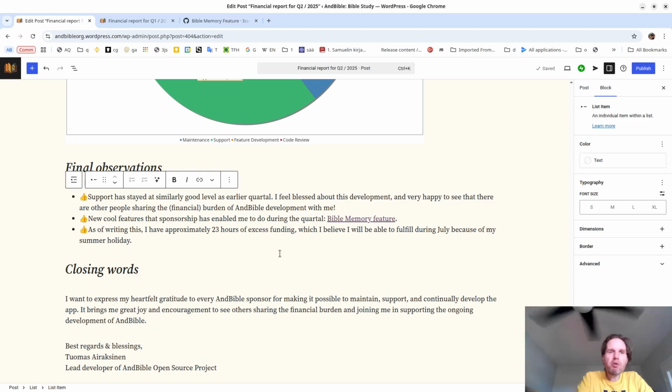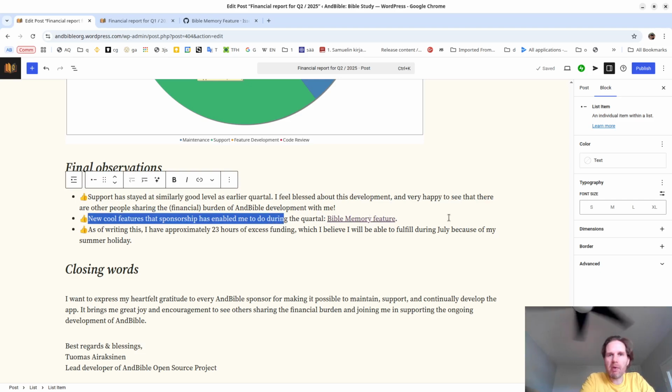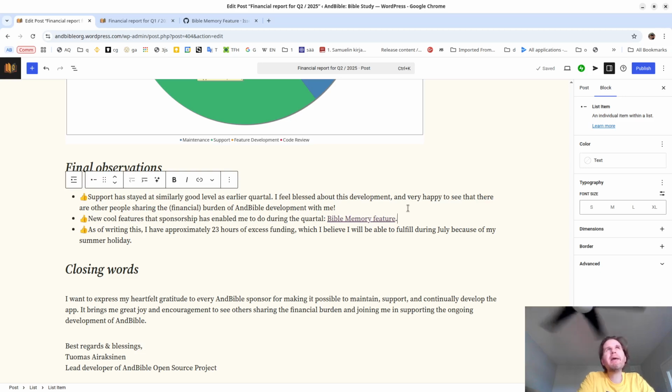This has allowed making new cool features. This time I have been making this Bible memory feature. I don't remember if there were some other smaller features that were not funded. Maybe there were, but this is the biggest feature.